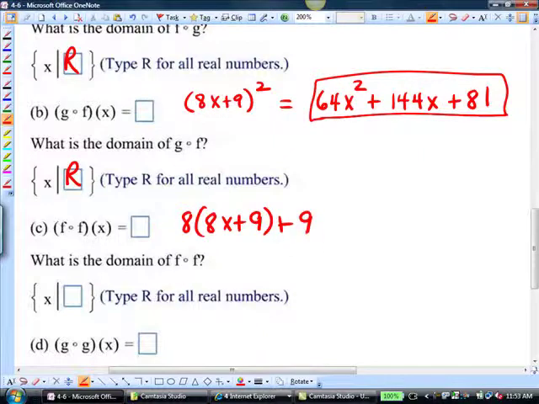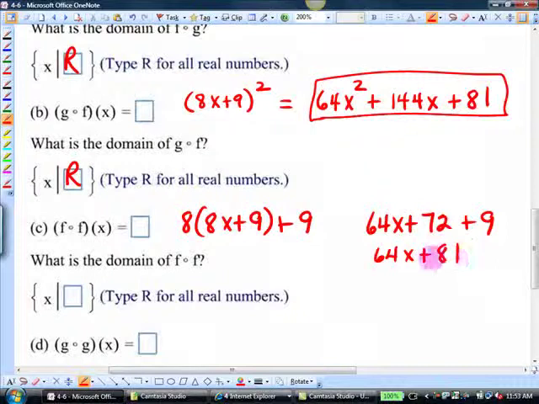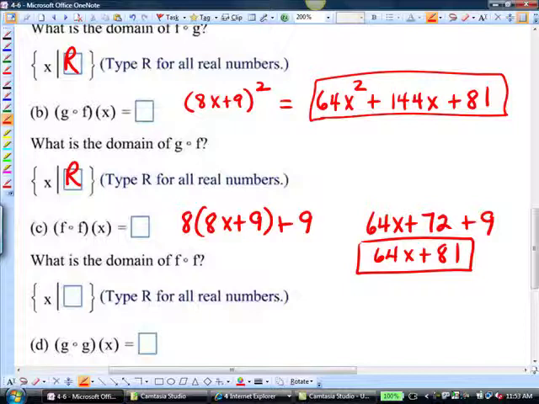And so then you're going to distribute: 64x plus 72 plus 9. So that's what f of f of x is. That's just a straight line. What's the domain? All reals. These are pretty easy on that.